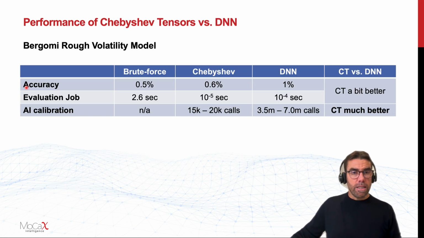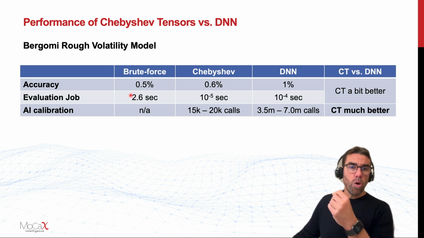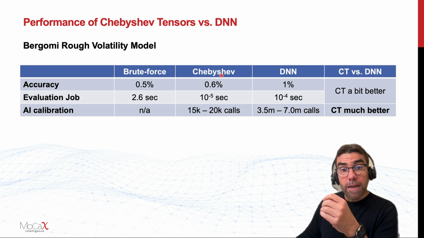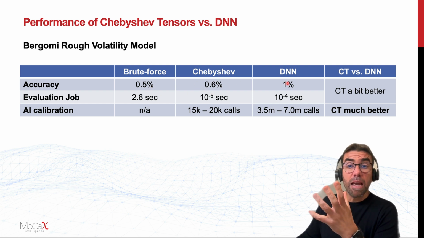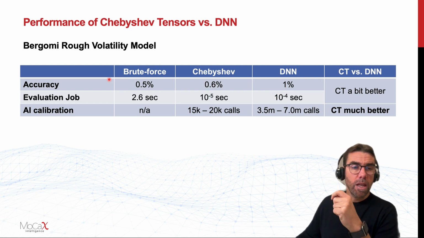In terms of accuracy, the brute force, so the rough Bergomi volatility model, is a Monte Carlo simulation by itself. So it had a precision of around 0.5%. The Chebyshev Tensor approach has a precision of around 0.6%, so more or less the same, and DNN around 1%, so similar as well.